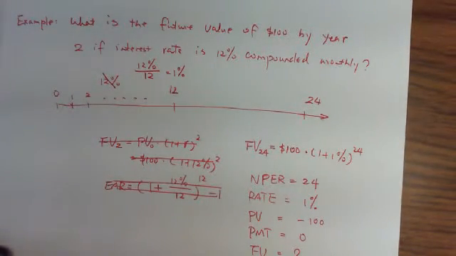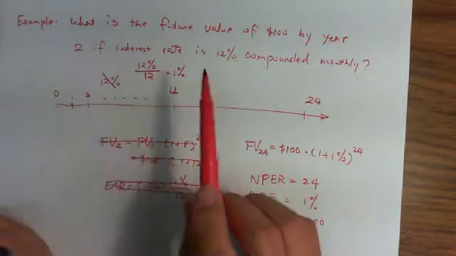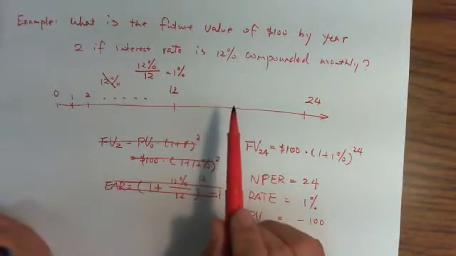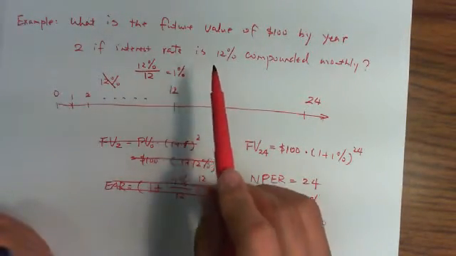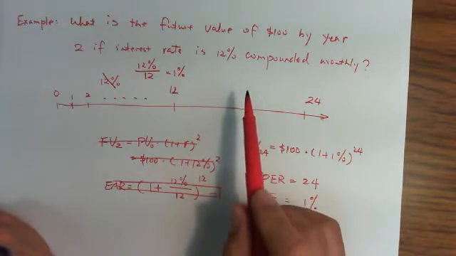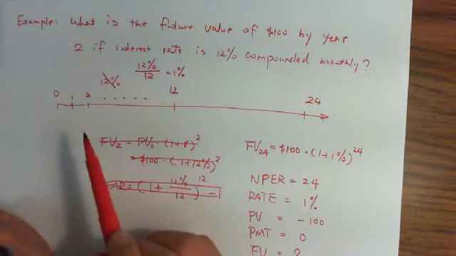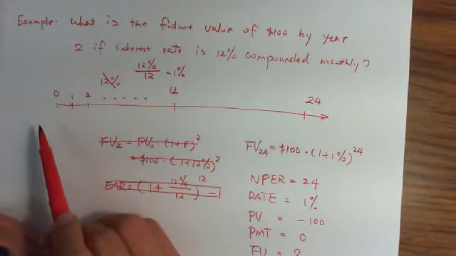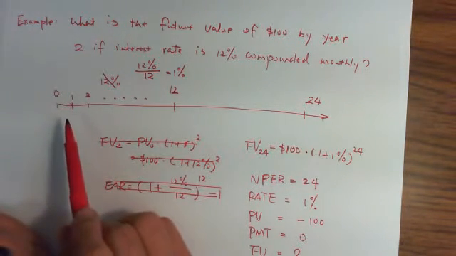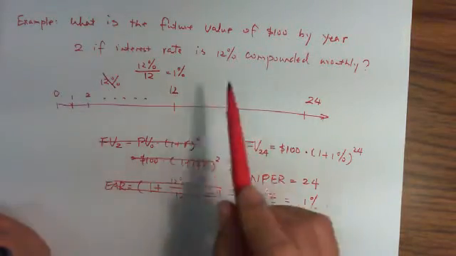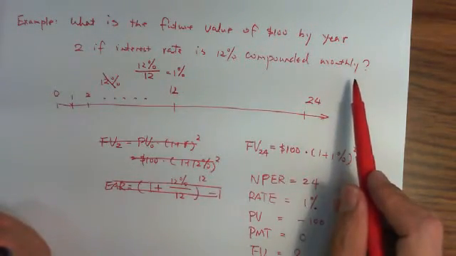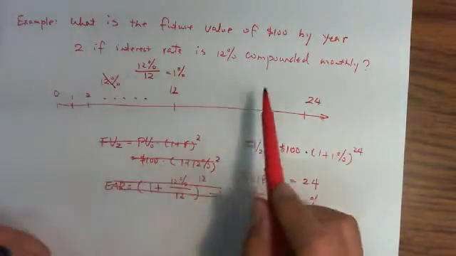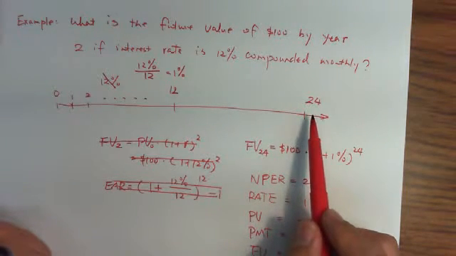Let me repeat. While we compute time value of money, when the interest rate is quoted using APR, the recommended method is that in the first step, we are going to define a period as one compounding period, and then we compute the total number of compounding periods.